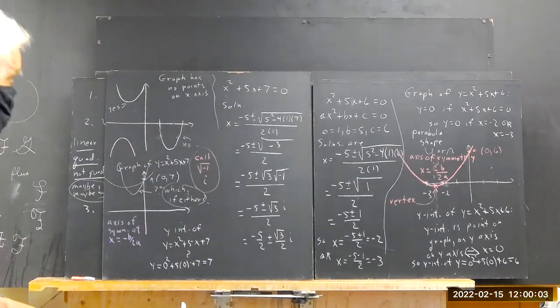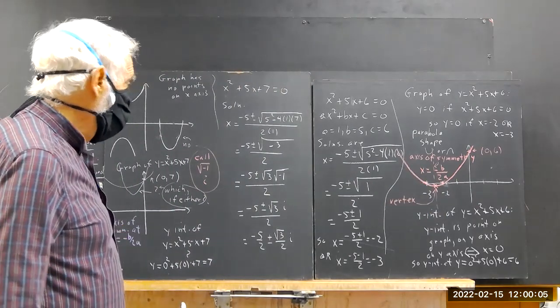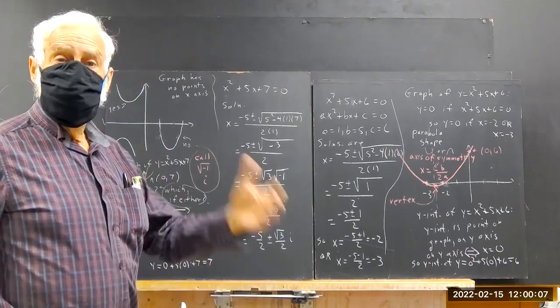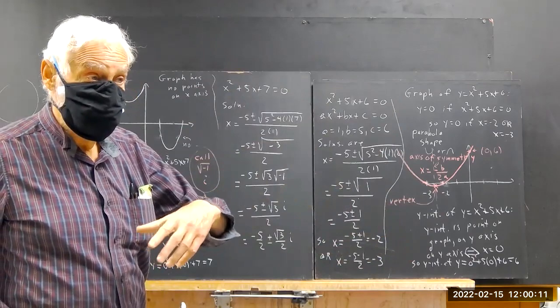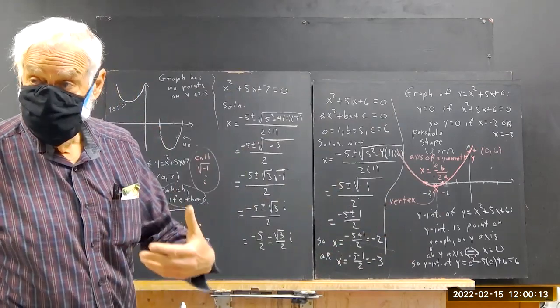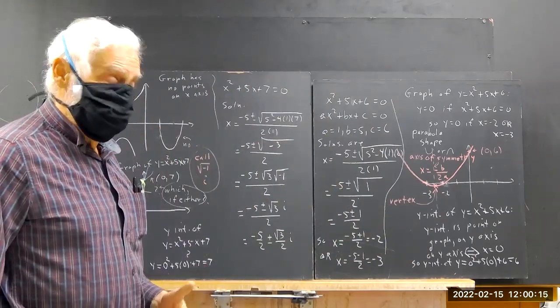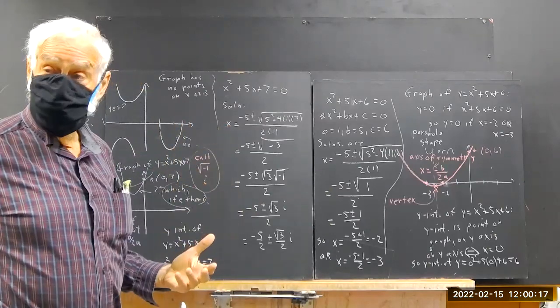But you can still think of negative b over 2a as being halfway between negative b over 2a plus the square root over 2a and negative b over 2a minus the square root over 2a, even though the square root's not a real number.